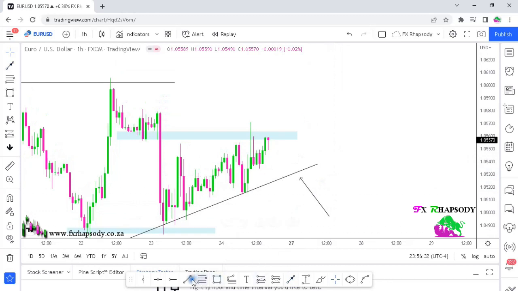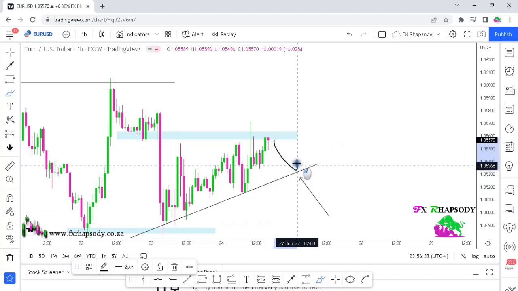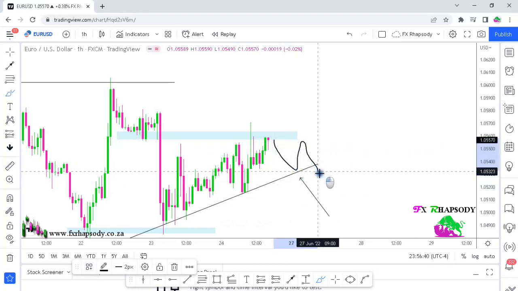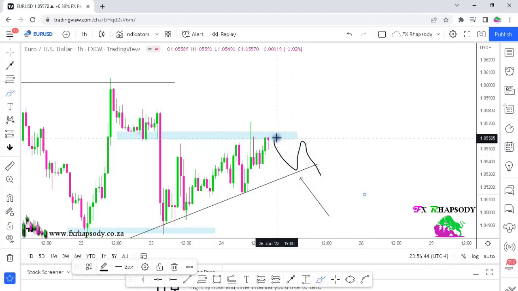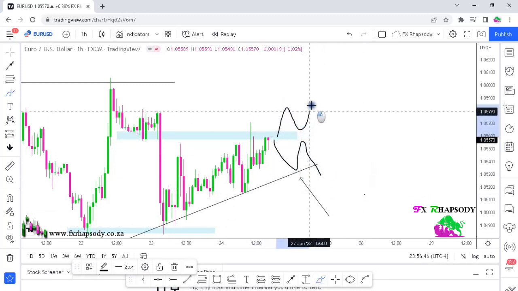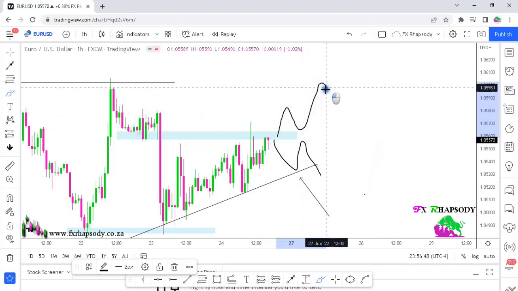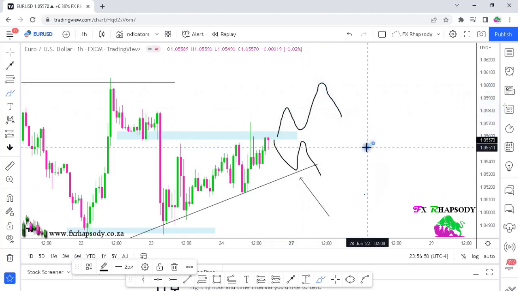We're going to be looking at price hitting that, going up, maybe breaking that area, or price just starting to shoot up a little bit, making its move, hitting that area, and then going down again. So you have all these areas in the market to look out for.